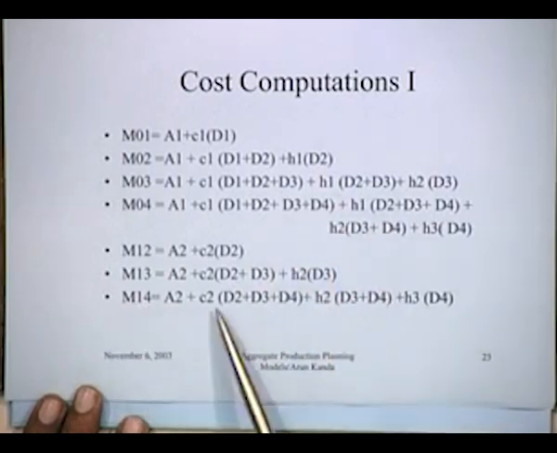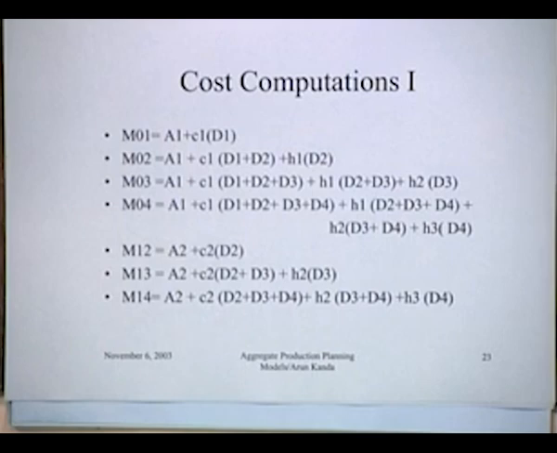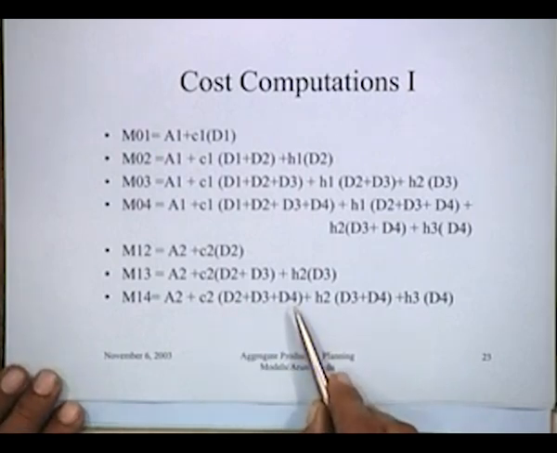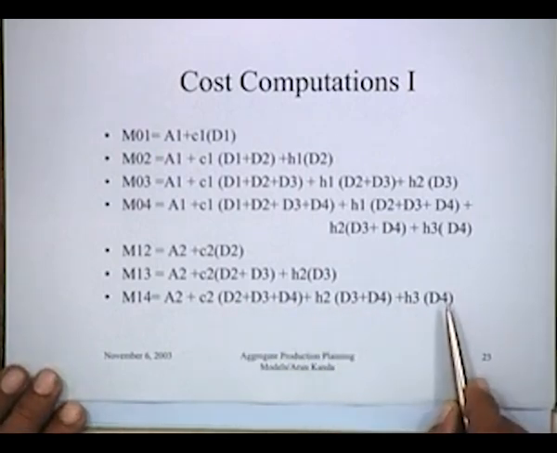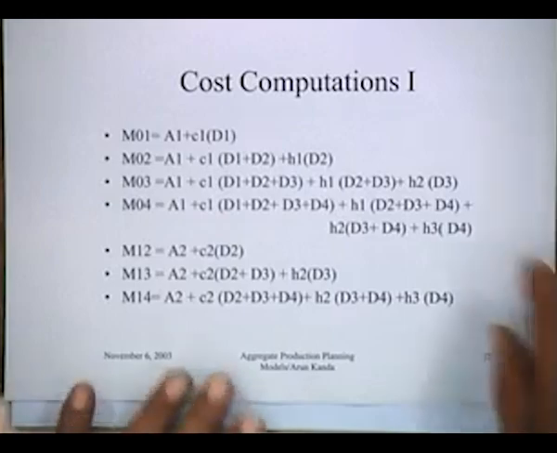And here M14 will be the cost of producing in period 2 for the requirements of periods 2, 3 and 4. So that's what you have here, plus holding, plus holding. Alright. So you know how to write these expressions, each one of them.